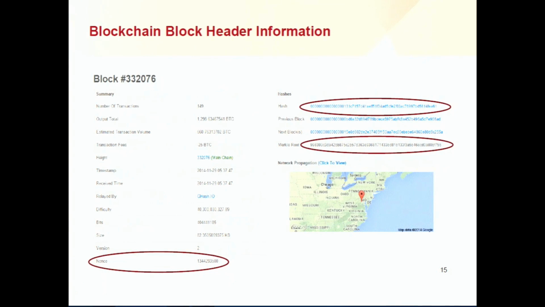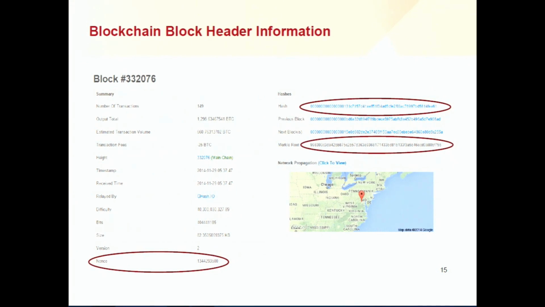And here's the Merkle root that's in that block. Remember how we talked about all those transactions? So the way that we keep track of the transactions that are in a block is we form that Merkle tree. And so instead of hashing the whole block, we form the Merkle tree and put the root of the Merkle tree right up here in the block header.